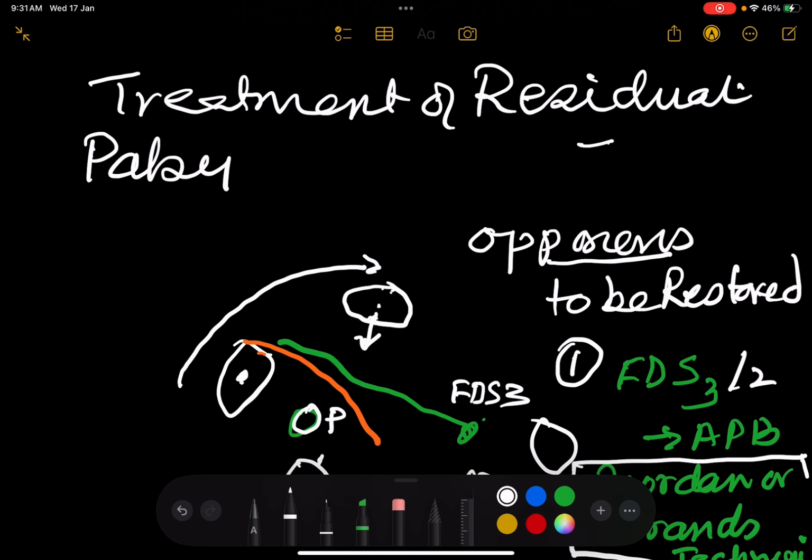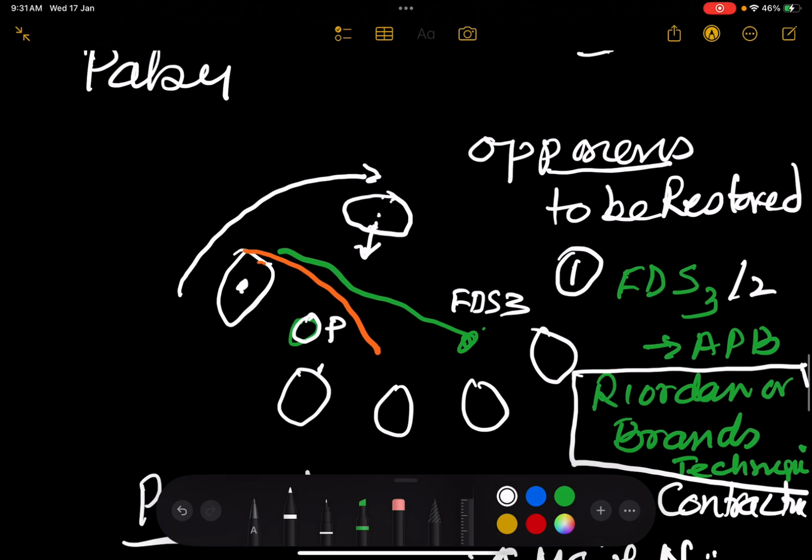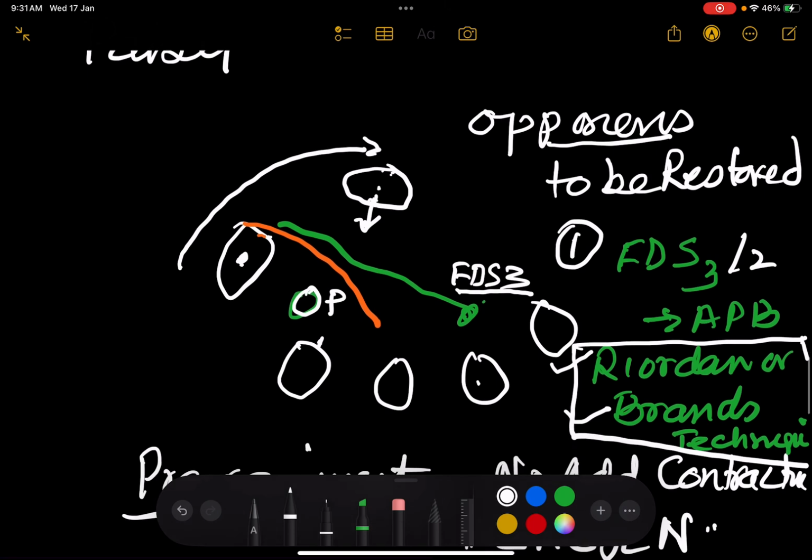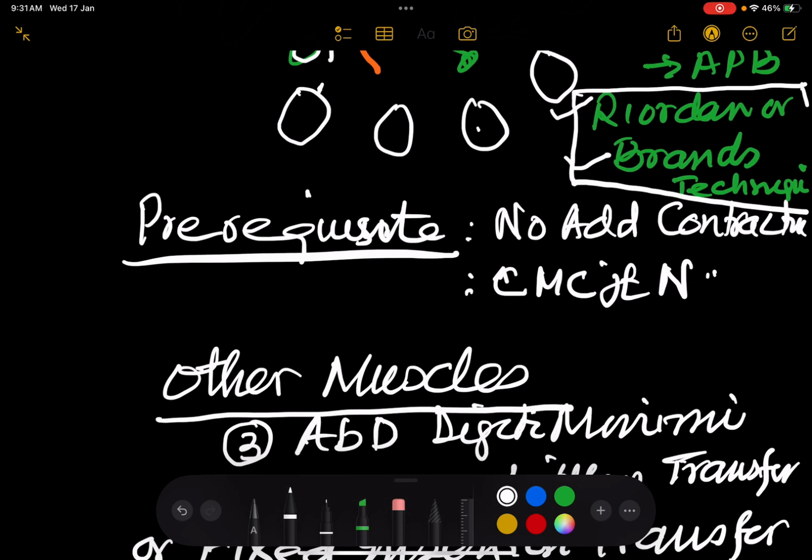Basically, it's the abductor pollicis brevis which brings it about. And so you substitute the abductor pollicis brevis by the flexor digitorum superficialis of the third finger. Now there are two techniques to do it. One is called Riordan's technique, the other is called Bunnell's technique. But we'll not go into the detail of those techniques.